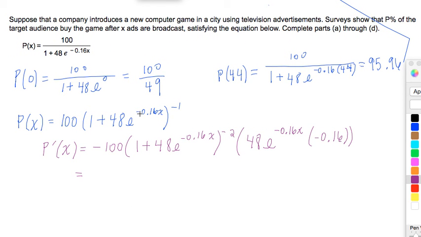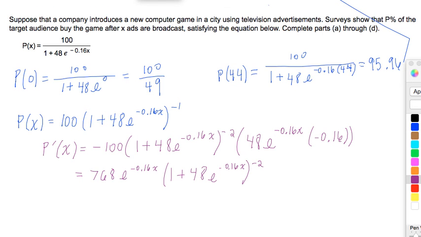So all of those combine to 768, and I put e to the negative 0.16x out front, times 1 plus 48 e to the negative 0.16x to the minus 2. Or you could write it as the denominator squared.